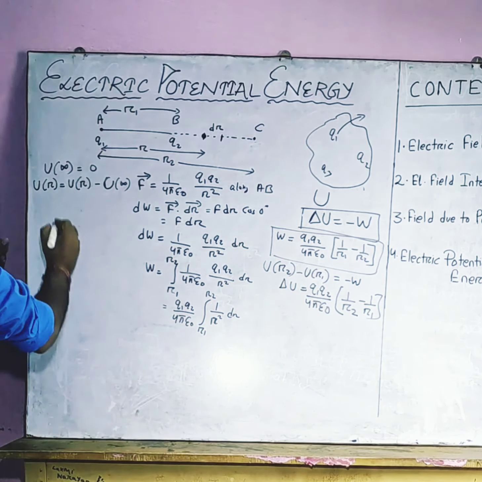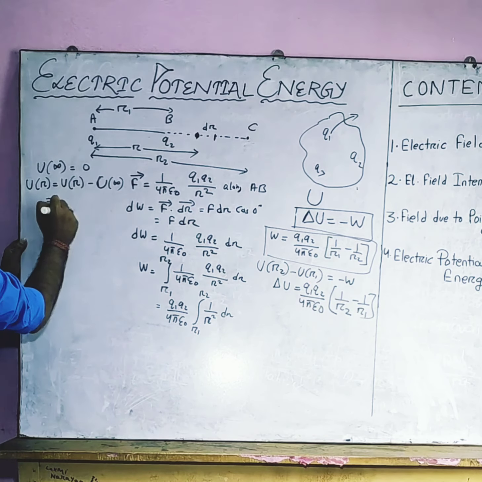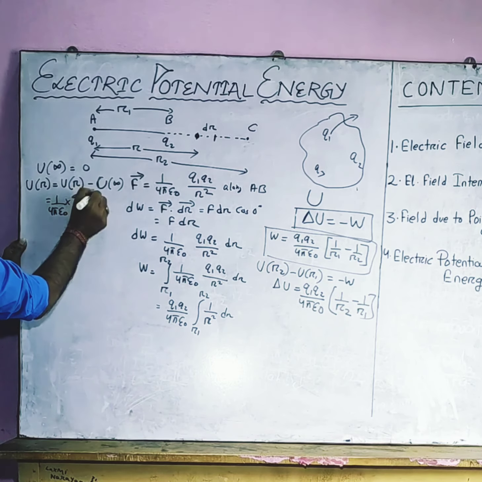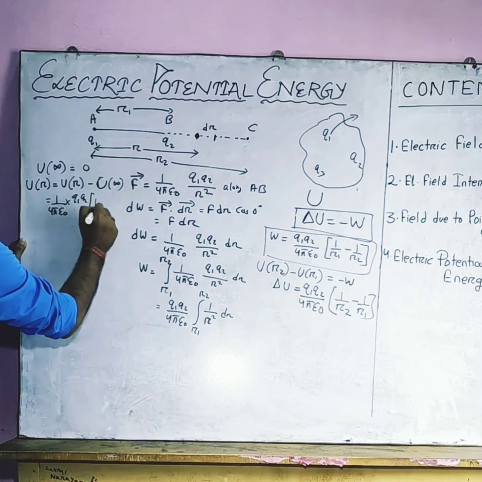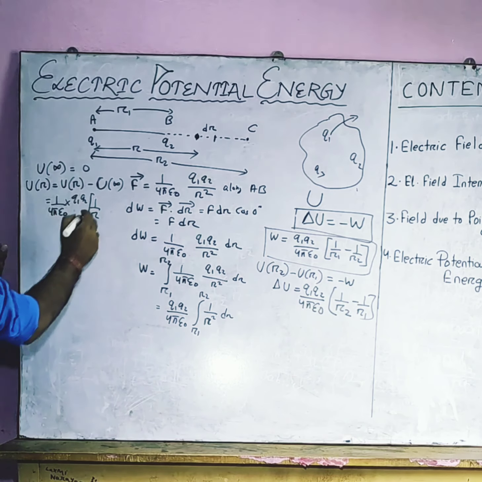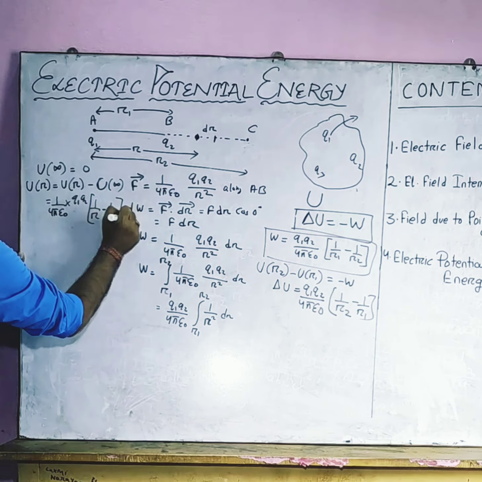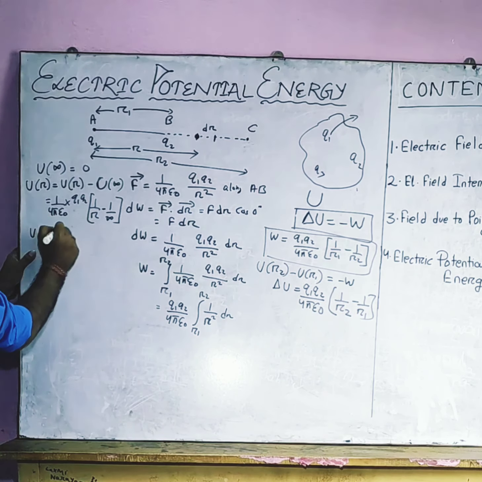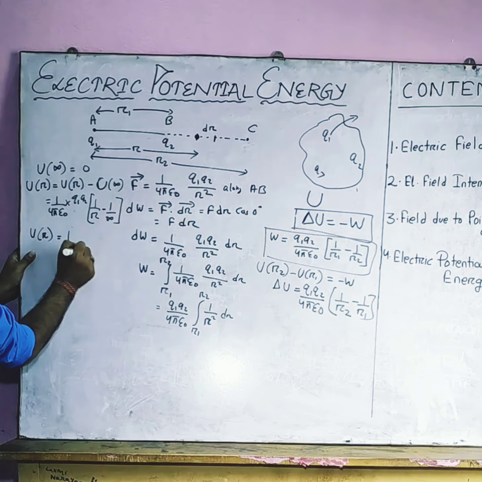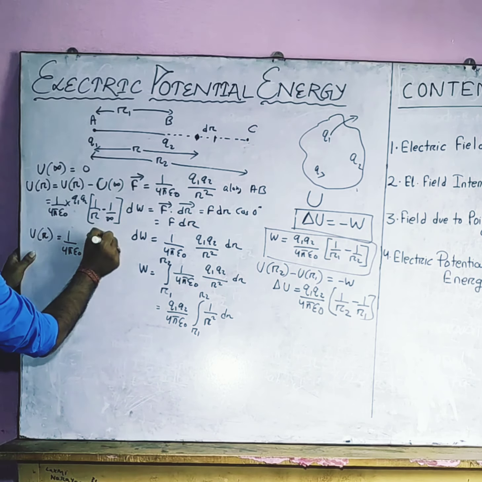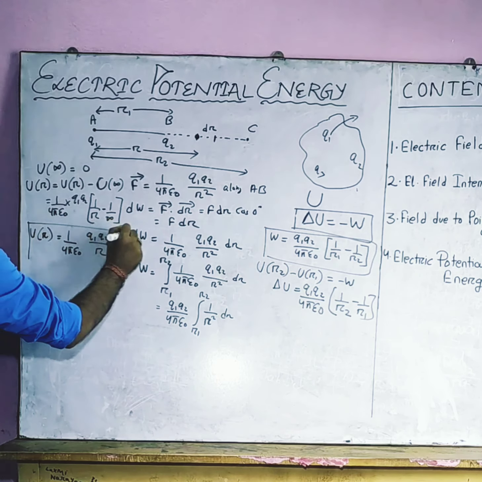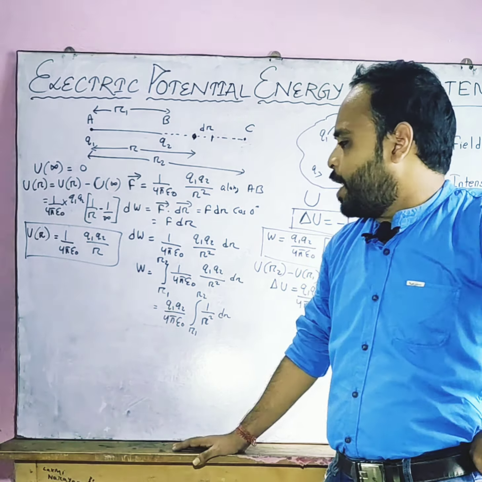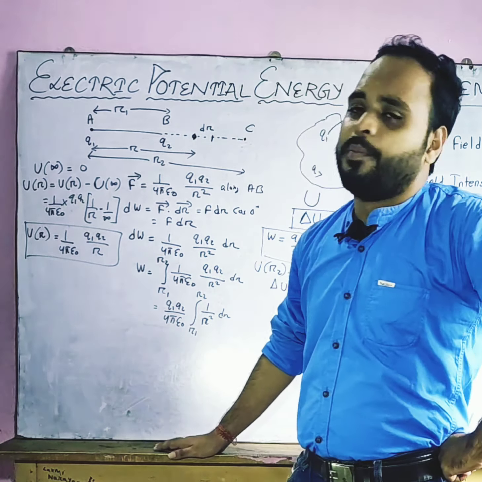This equals 1 by 4 pi epsilon 0 multiplied by Q1 Q2 whole into 1 by R. In place of R2 we write R, and in place of R1 we write infinity. So the potential energy at a distance r is given by 1 by 4 pi epsilon 0 Q1 Q2 divided by R. This expression gives the potential energy at a distance r from a point charge.